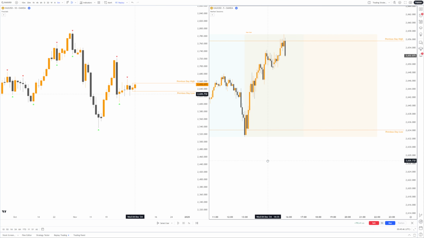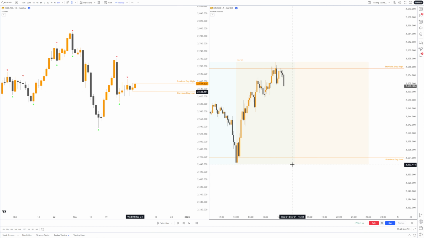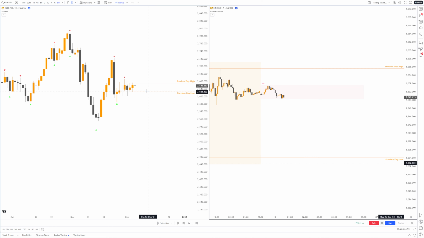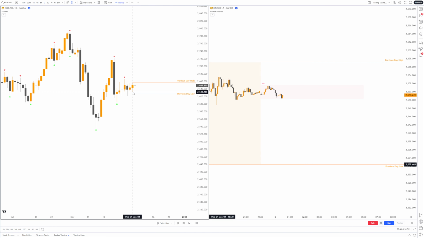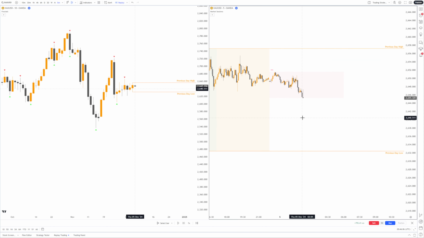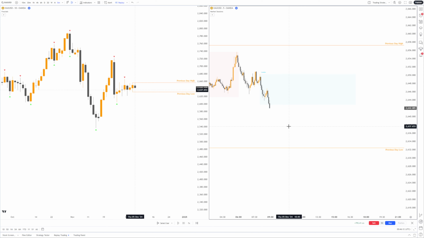Okay, we've got another trade that just popped up here on the New York session, but I'm not going to take that, because I only take one trade a day. Let's move on to the next one. Okay, nothing as of yet.